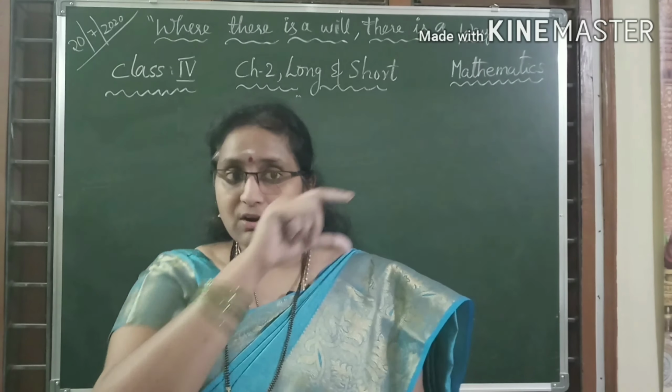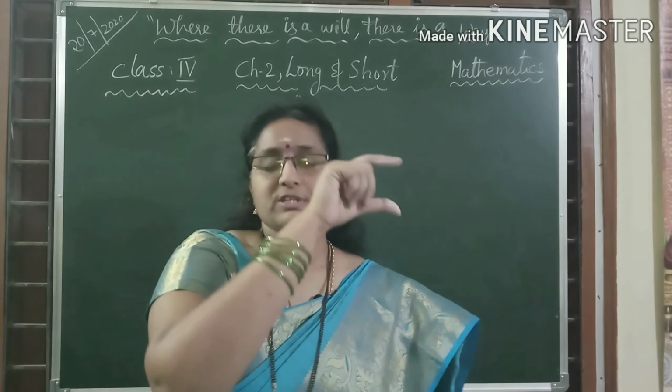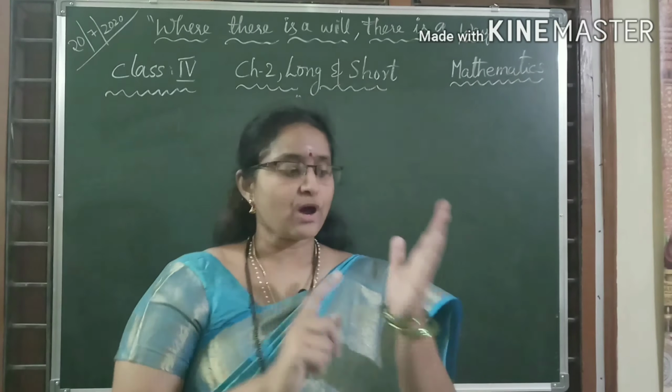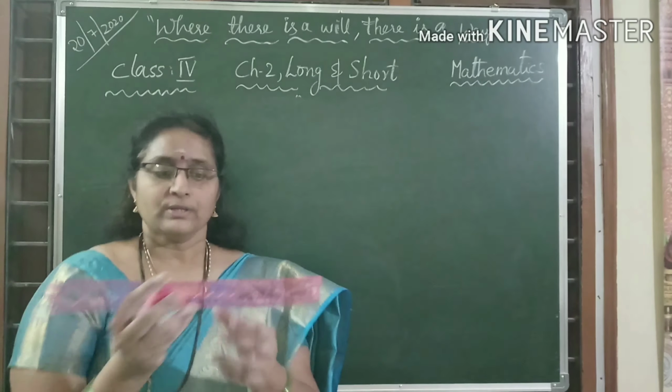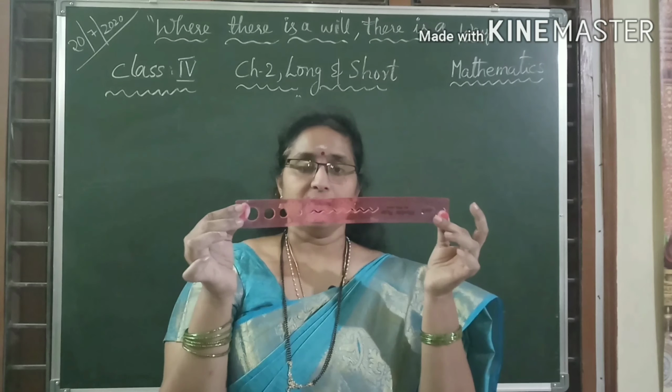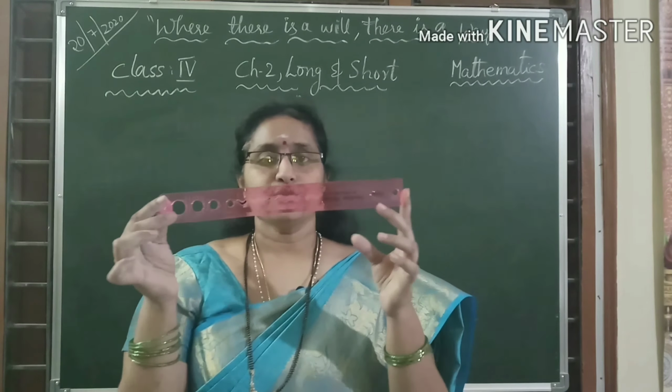In a scale, you will see numbers from 0 to 15 in a small scale, and 0 to 30 in a big scale. These are centimeters. So, this is the scale we use for measurement.